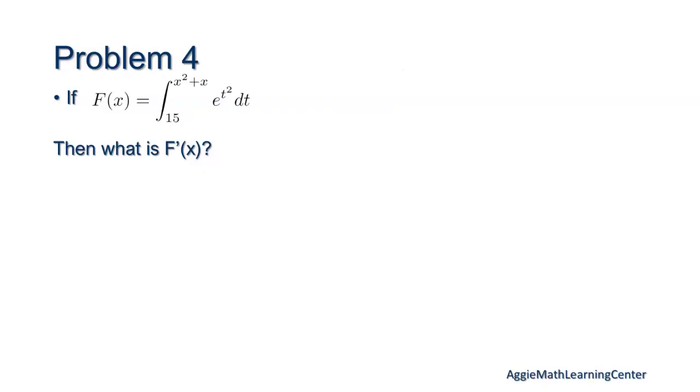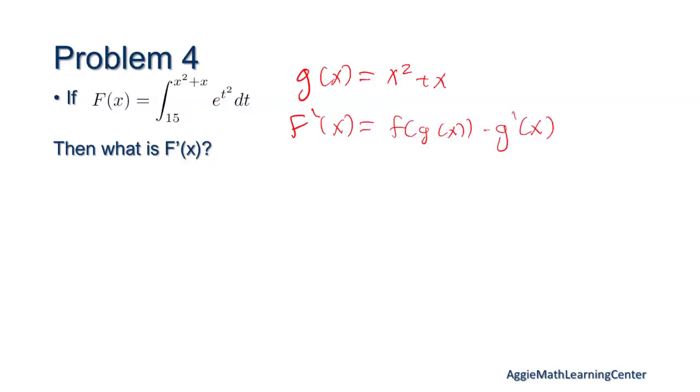So I'm going to use the notation from the last one and say that g of x is x squared plus x, and then our answer, f prime of x, is going to be f of g of x times g prime of x, where I should identify what f is. f is what we're integrating, e to the x squared.